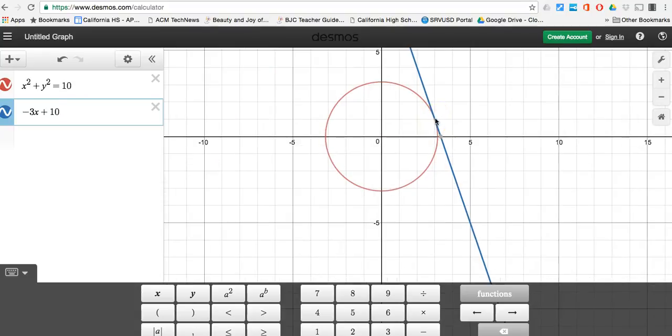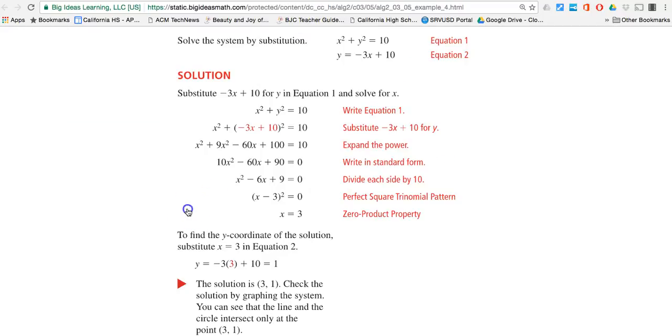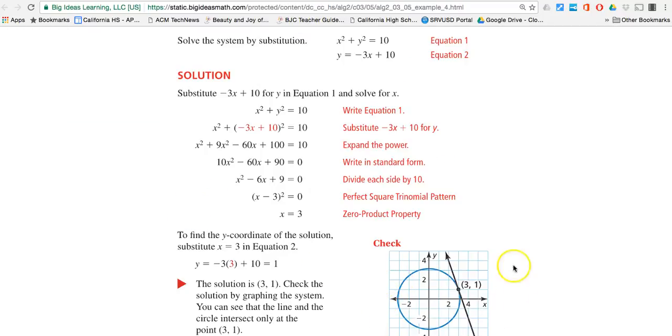This just proves with graphing that our solution does work. And if you go ahead and click here, the graph also shows that the point at which both our quadratic, which in this case is a circle, and our line intersect is (3, 1).